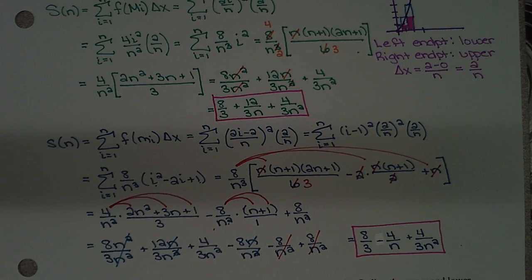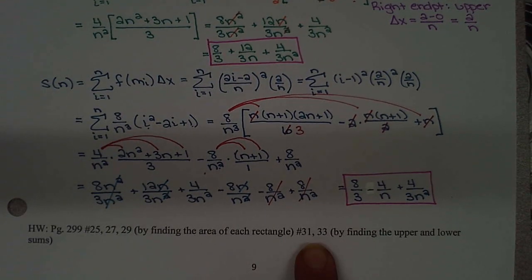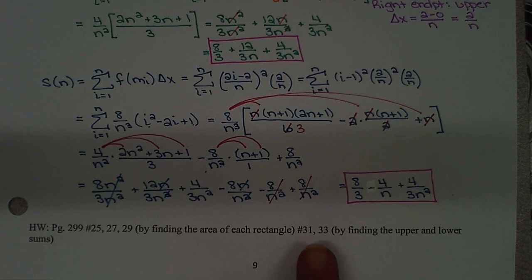And you guys are on page 299 now for homework. You should be able to do these last two problems, 31 and 33, now that we've done these lower and upper sums.